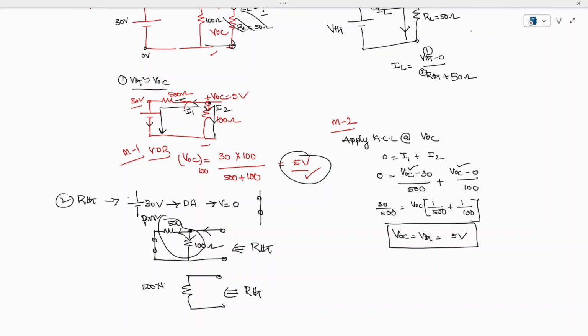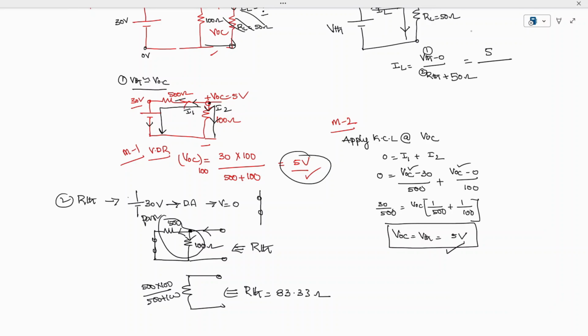So 500 and 100 are connected in parallel. The product of the resistors divided by the sum, 500 plus 100. When you do it with your calculator, you get 83.33 ohms. Now just substitute here.